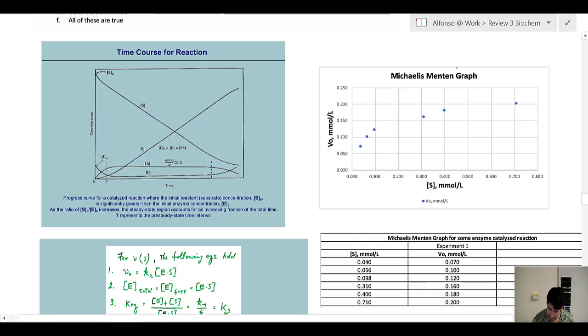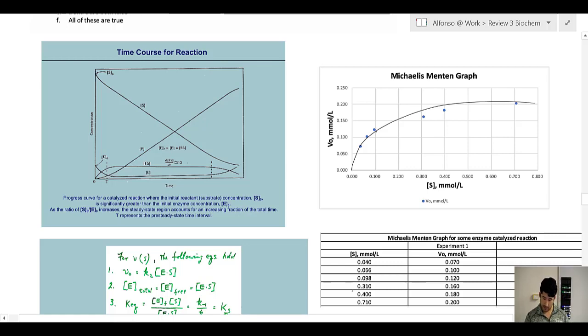So look at this Michaelis-Menten graph on the right. It generates a rectangular hyperbola for the most part. You see how this part of the line is a little below, and right here it's a little above. For the most part, it follows that rectangular hyperbola, so it is a Michaelis-Menten graph.